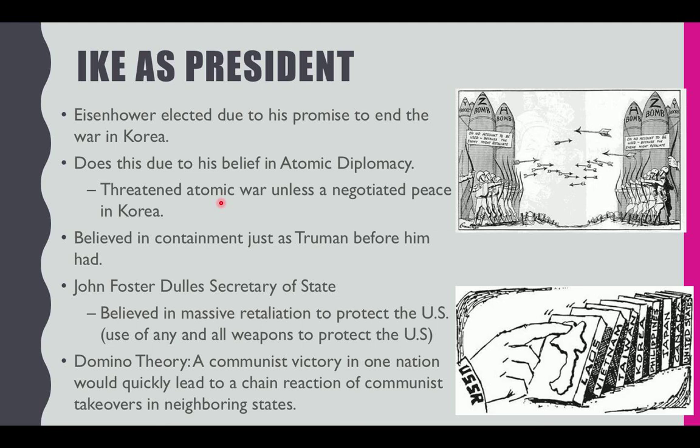We have used atomic weaponry. The world knows that we aren't afraid to use it because they saw that in Hiroshima and Nagasaki. Atomic diplomacy is the United States making it known that we will use those atomic weapons if need be to negotiate peace, and we use that in Korea.